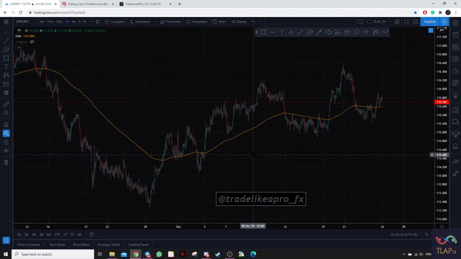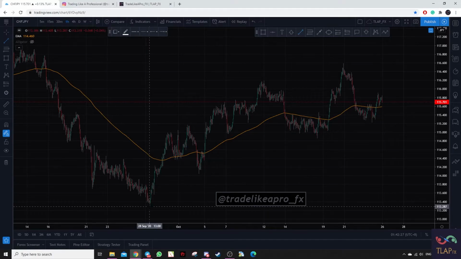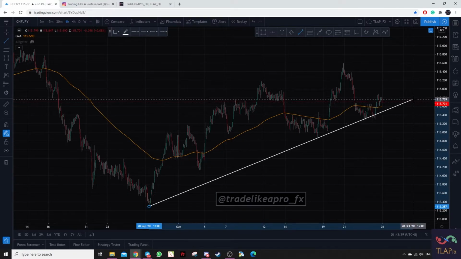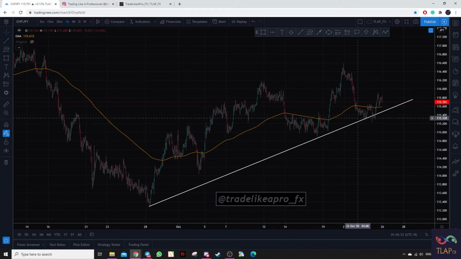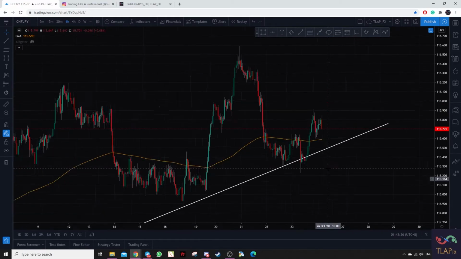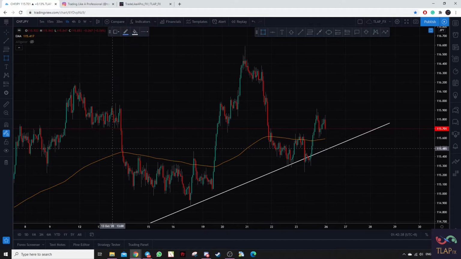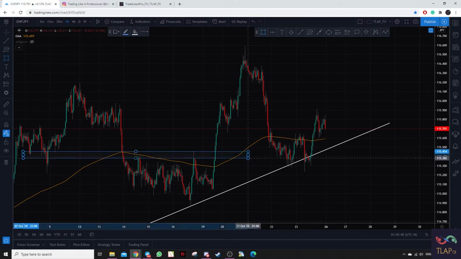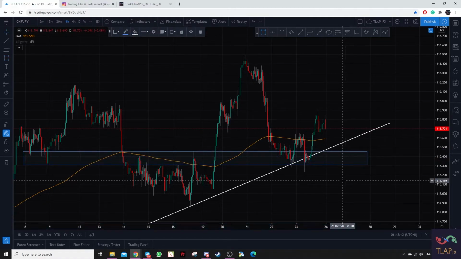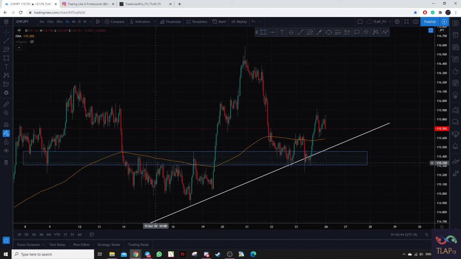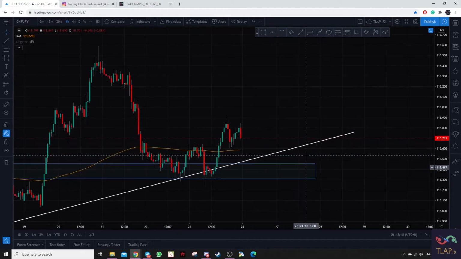Lastly, we have CHFJPY. We have a clear trend line here. Prices got rejected once, twice, and thrice. So we are looking for an uptrend move. So zooming in, right, we have this support structure over here. Prices also got rejected many times, once, twice, thrice, and fourth time, right?